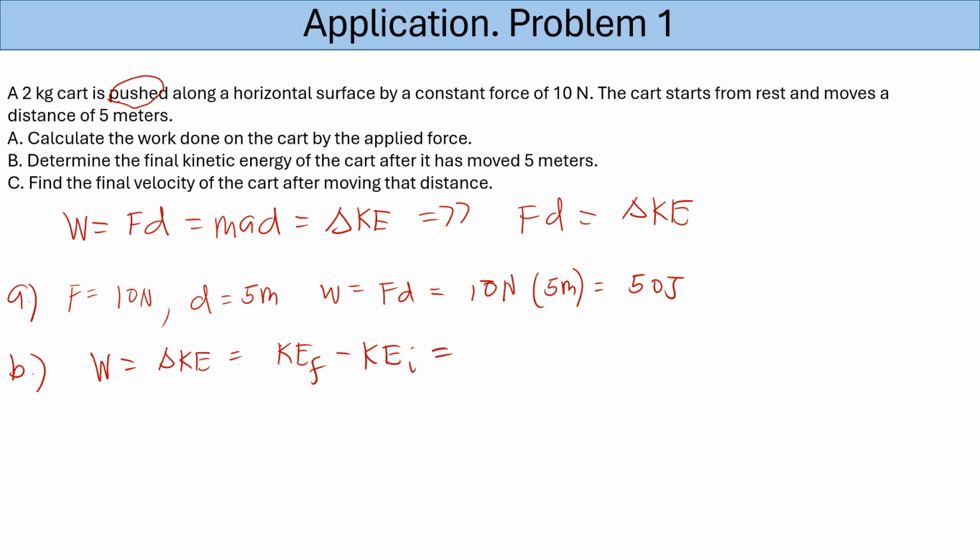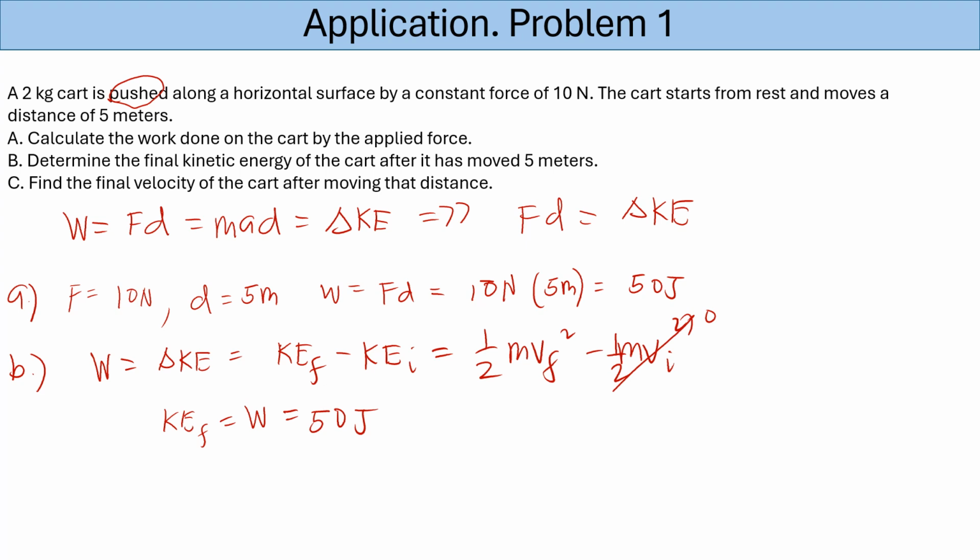So if we expand this, it becomes 1/2 mv squared minus 1/2 m vi squared. Since it started at rest, our initial velocity here will be 0. So you will be left with 1/2 mv squared, which is the KE final. From the relationship, your KE final will just be equal to the work, which is still 50 joules.